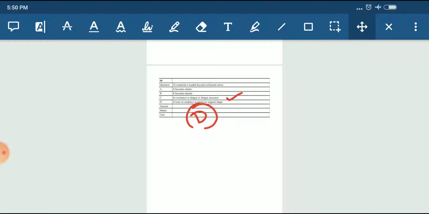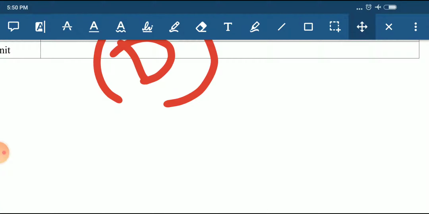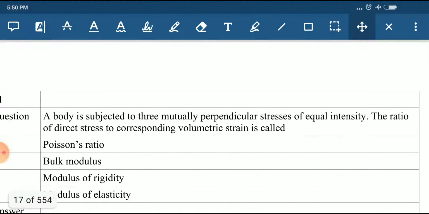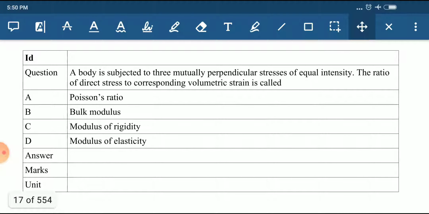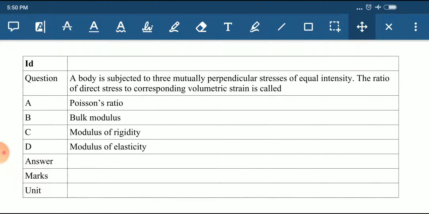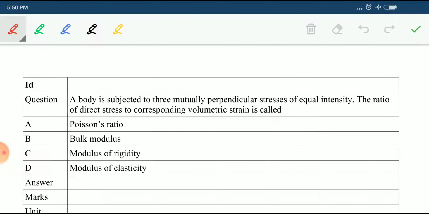Next. The body is subjected to three mutually perpendicular stresses of equal intensity. The ratio of direct stress to corresponding volumetric strain. You should remember, what is the definition he is telling?